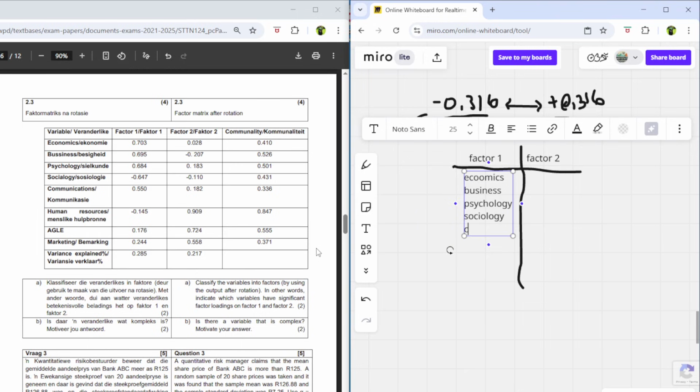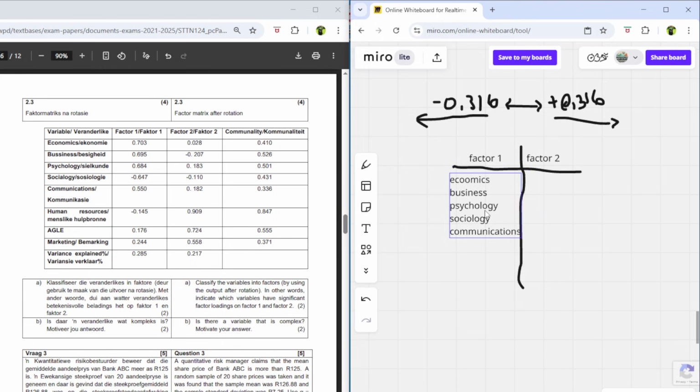Communications is also under factor 1. So these are our variables under factor 1.